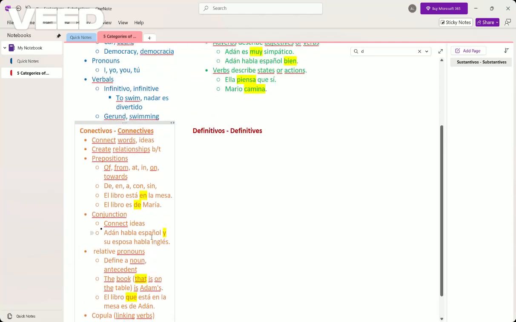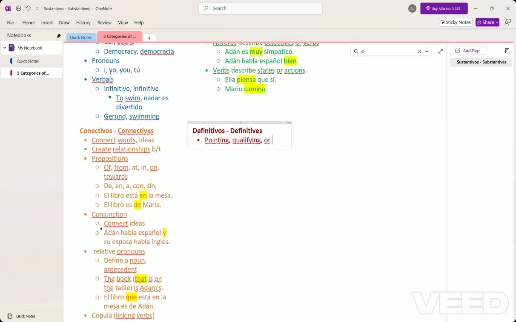Okay, so those are connectives. And the definitives are basically words that point to our nouns. Pointing, qualifying, or quantifying words.